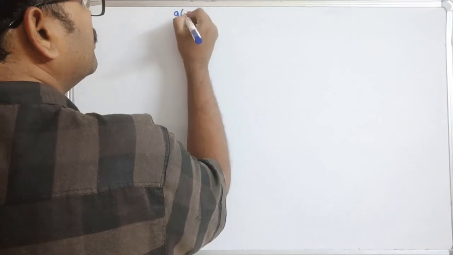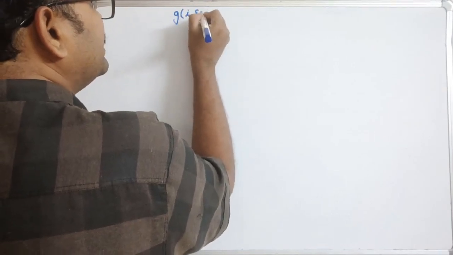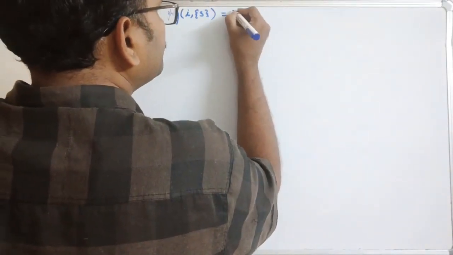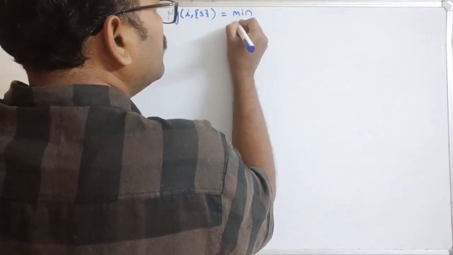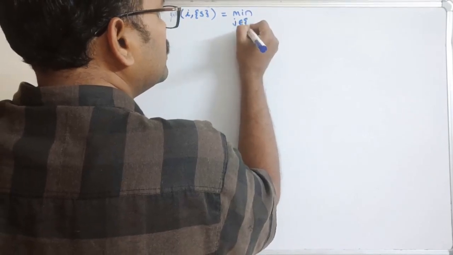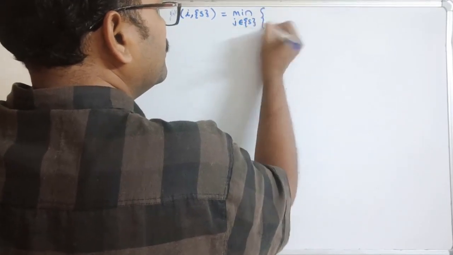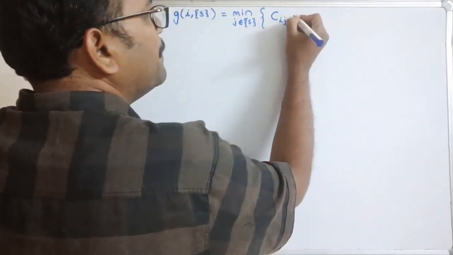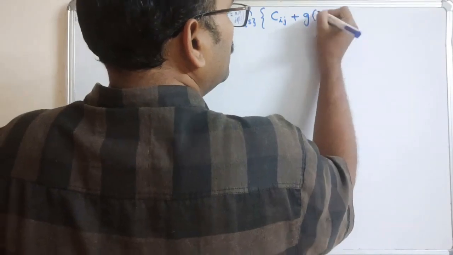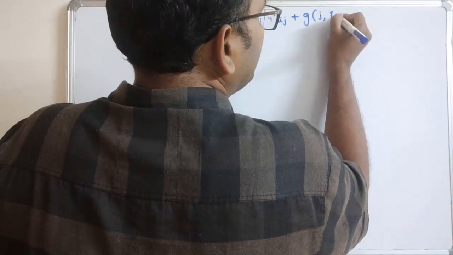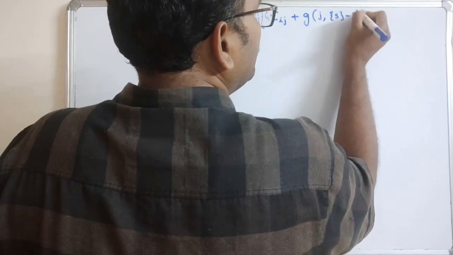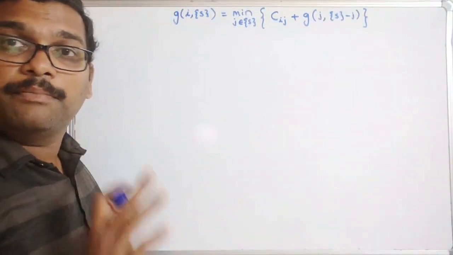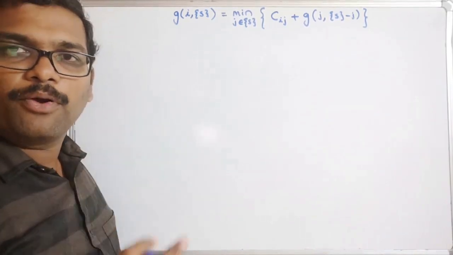So g of I comma set, which contains all other vertices, is equal to minimum over j belonging to the set of cost of I j plus again the function g of j comma set minus j. So this is a formula which we have to remember while solving the problem.